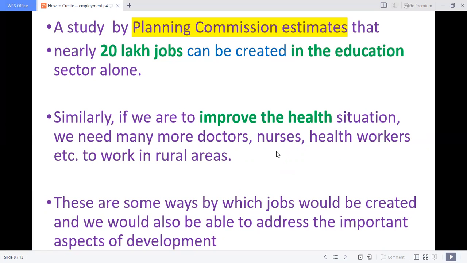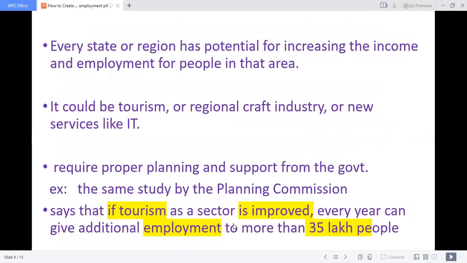If government hospitals are set up in rural areas, more doctors, nurses and health workers can get employment opportunities. So these are all the ways by which jobs can be created and we would also be able to address the important aspects of development.